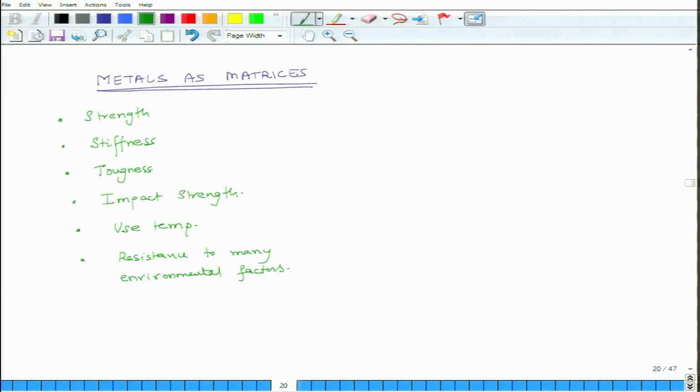For instance, UV radiation, you do not have to worry about if they are metals, but with plastics you have to worry about it. But then there are other things, some metals react with oxygen, they react with air, they react with humidity. So we have to look at it carefully, it is not a 100% true statement that they are resistant, it varies from metal to metal.